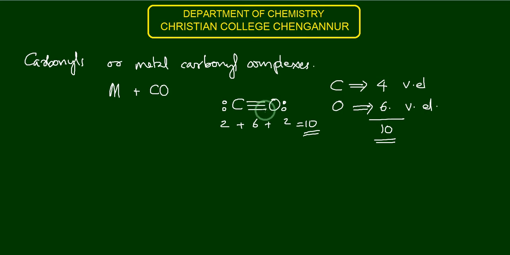From 3 bonds, oxygen has a share of 3 electrons, plus 2 electrons from the lone pair. So 3 plus 2 is equal to 5. Oxygen has only 5 electrons, and the share of carbon is also 5.